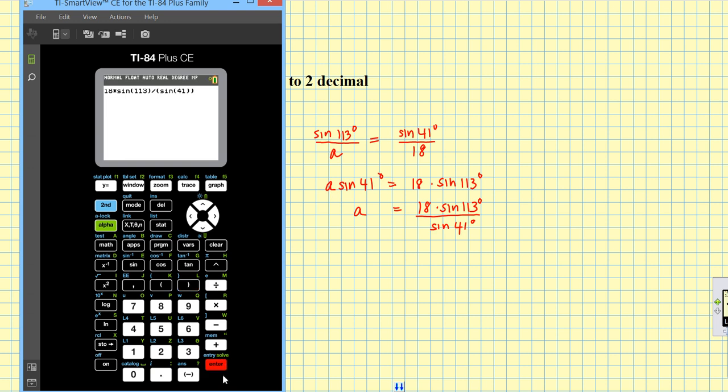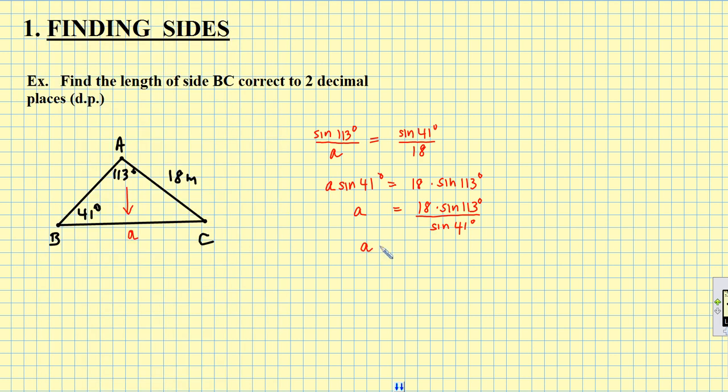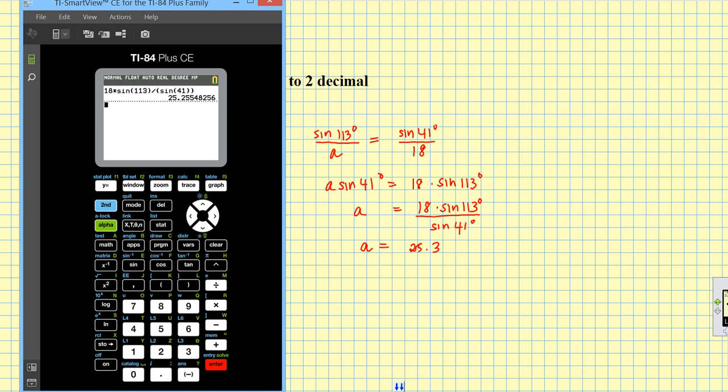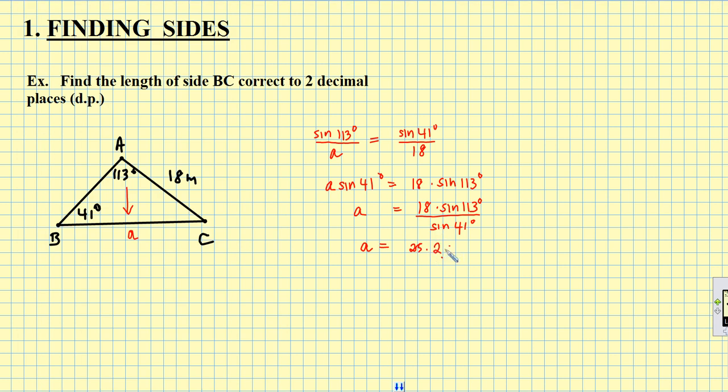Enter, and I get an answer of 25.3. So I know that the length of side A is going to equal 25.3. Oh, and it did ask for the answer to 2 decimal places, so it's 25.25 or 25.26, because it was 255, so it would be 25.26.